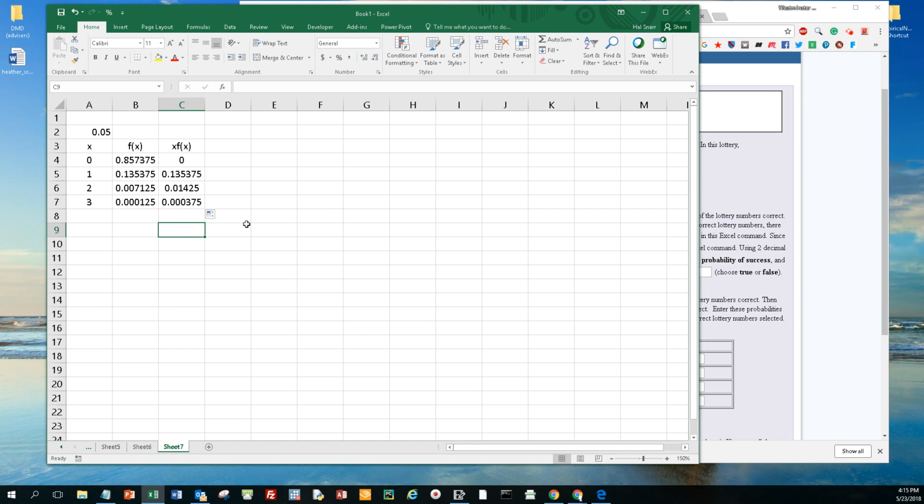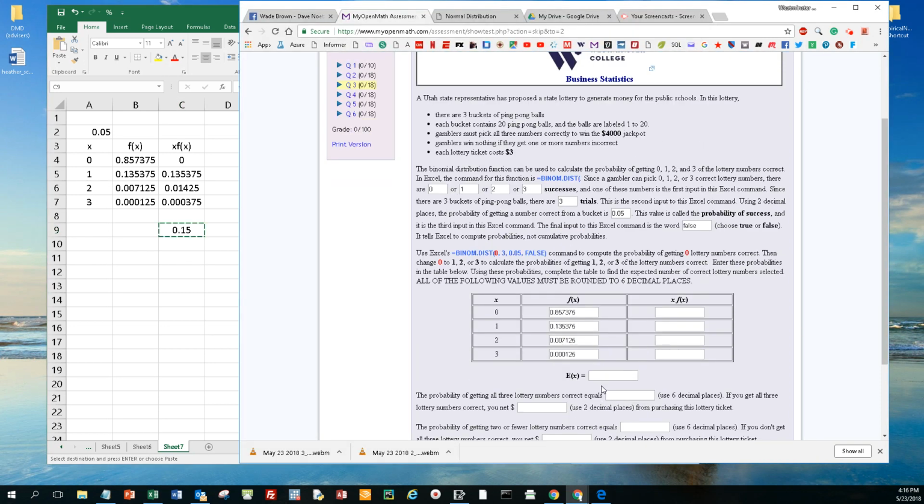And then the expected value is just the sum. So we expect to get 0.15. We don't expect to get 1 ping pong ball correct, we don't expect 0, we don't expect 2, we don't expect 3. We expect to get 0.15 ping pong balls correct, which is really close to 0.